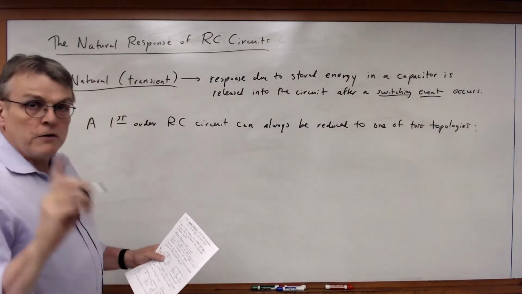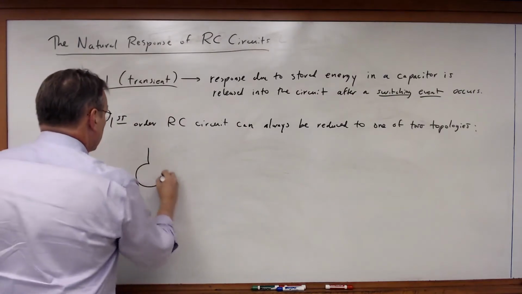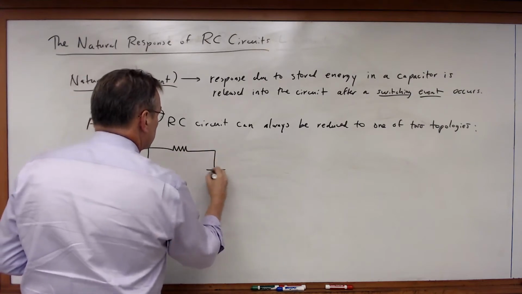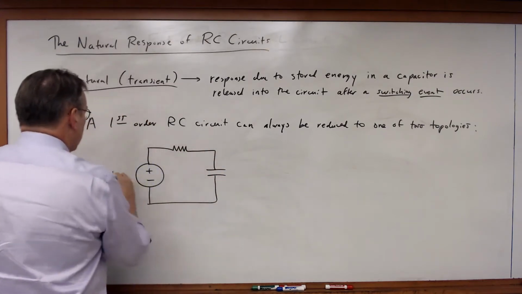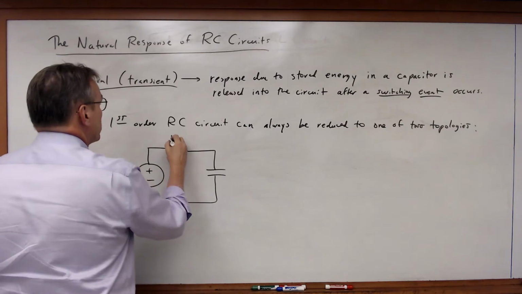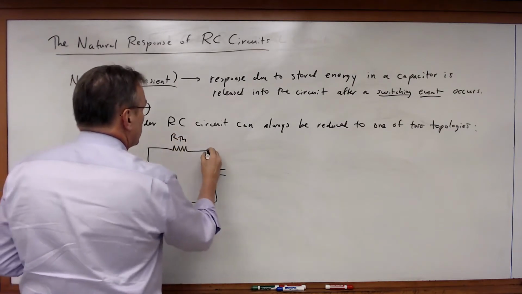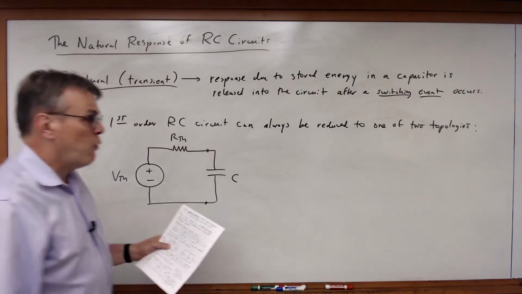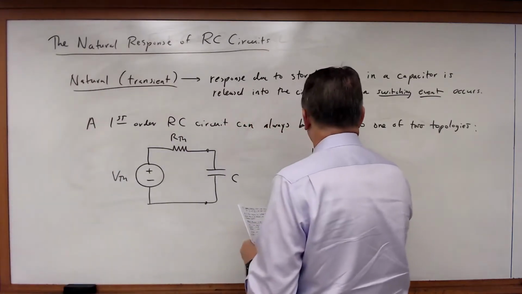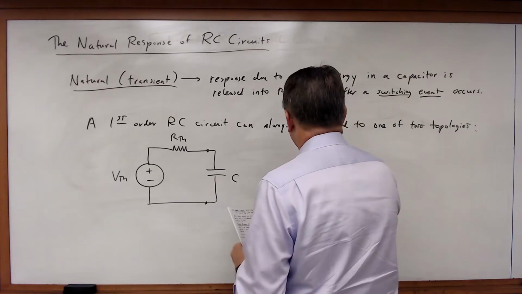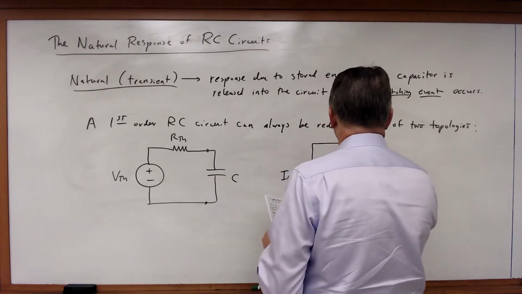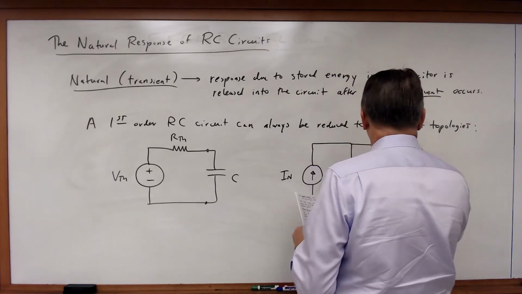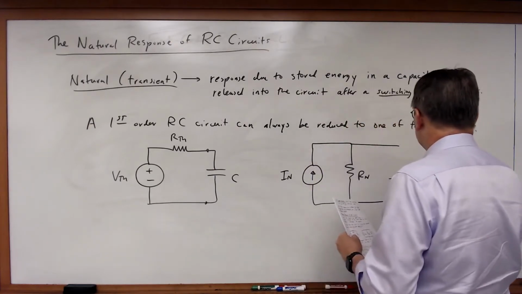So I can either turn it into this, a Thevenin voltage and Thevenin resistance connected across a capacitor, or I can transform any circuit into this: a Norton equivalent circuit connected across a capacitor.